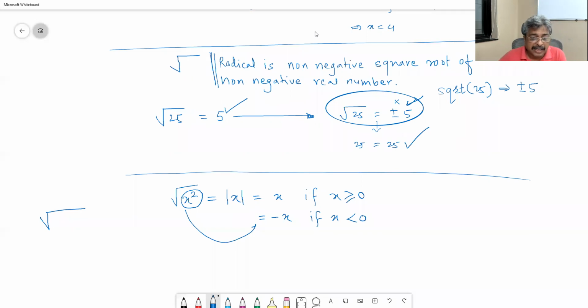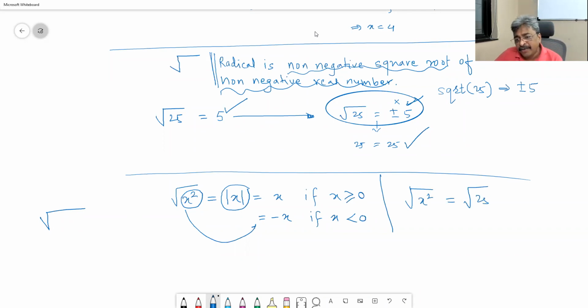And the answer that comes out also should be non-negative. Let me explain it like this. If I ask you to solve root x square is equal to root 25, in other words, am I asking the same question?